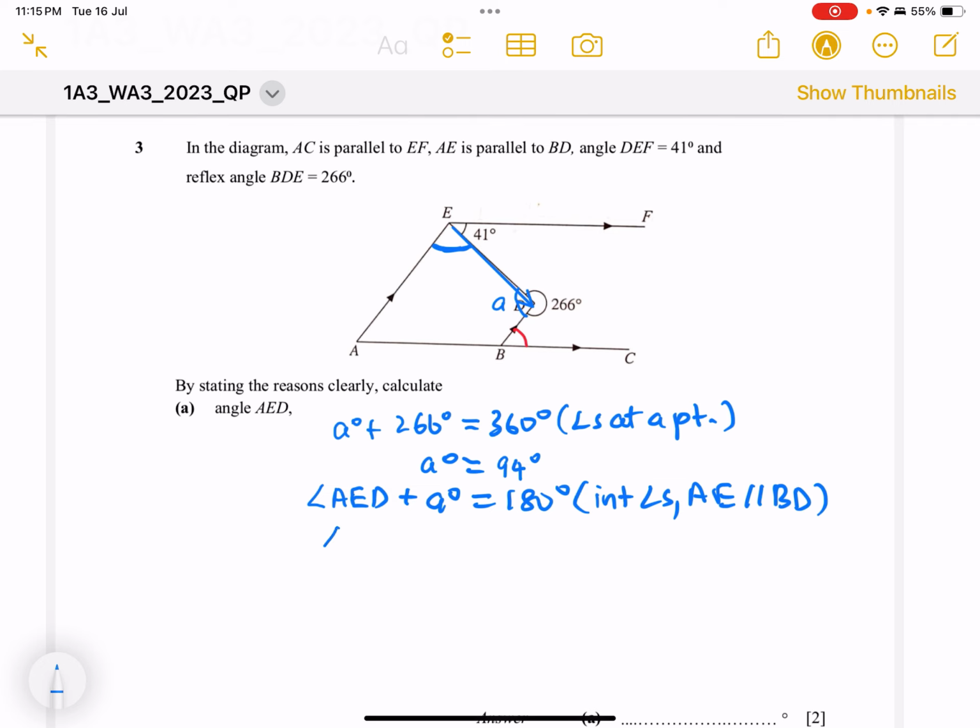Okay, so angle AED plus 94, A is 94, and angle AED is 86 degrees.